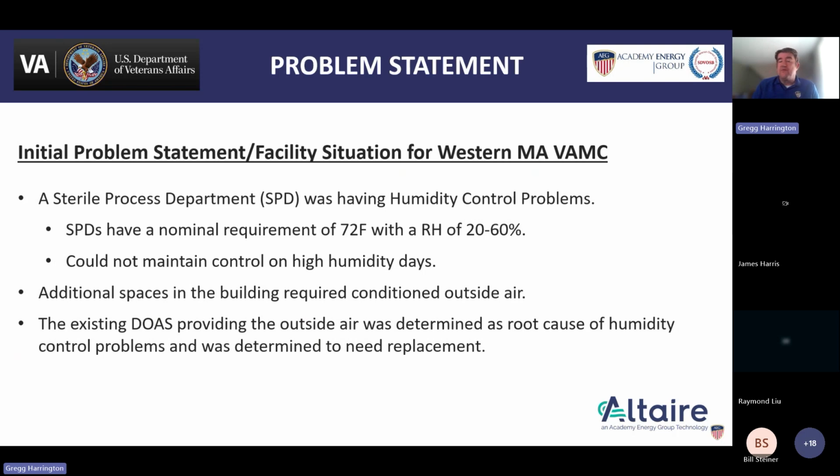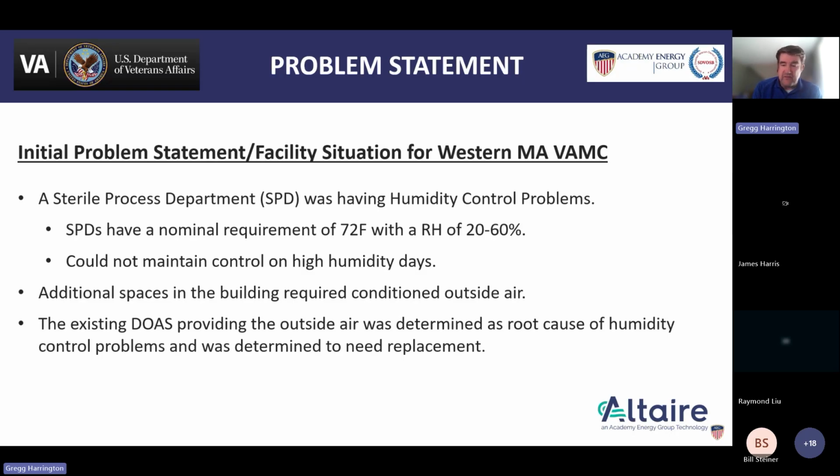And Bill was also talking about the application and where we can apply this. It's really dependent on the site need and the issues that the client's having. So in this case, our next project was for a VA up in Western Massachusetts. It's an area that you're probably not thinking there's a ton of humidity.